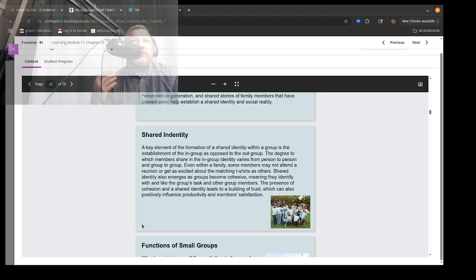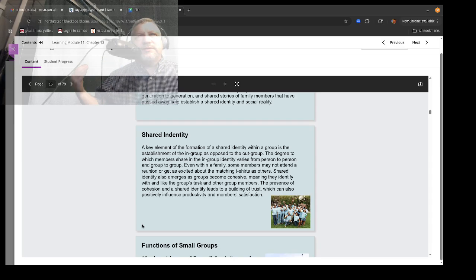The in-group, the degree to which some members of the in-group go is extreme, right? They are the ones that organize the matching t-shirts. They're the ones planning things. They're the ones getting the events together for the sorority or fraternity. They're the in-group.